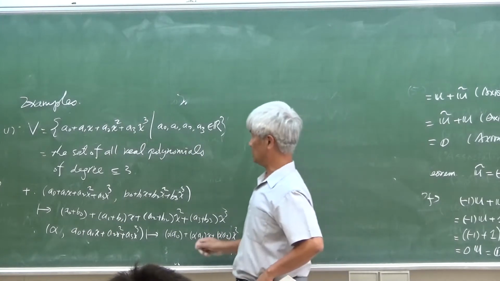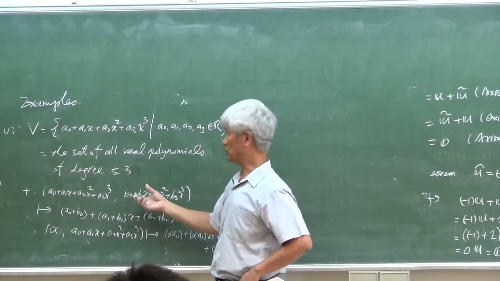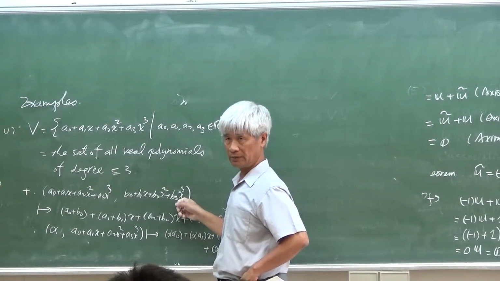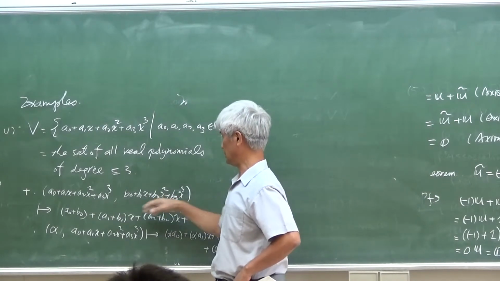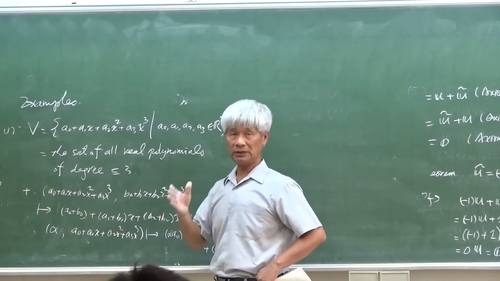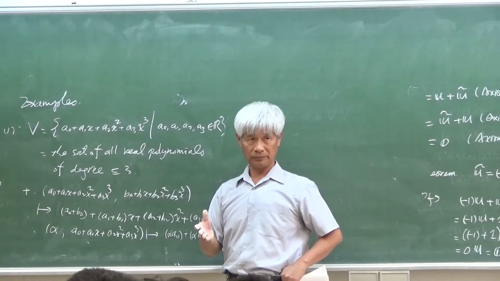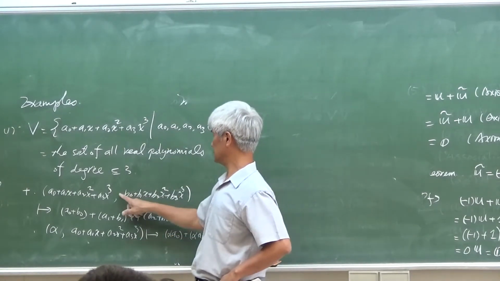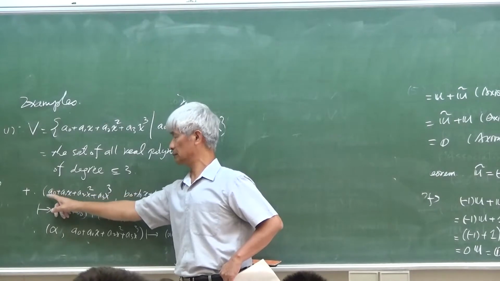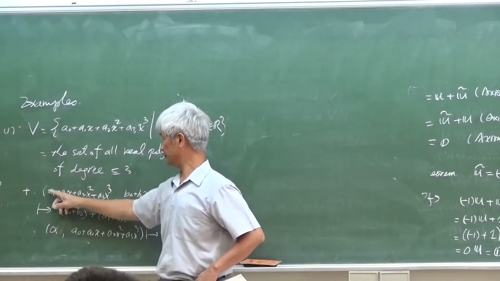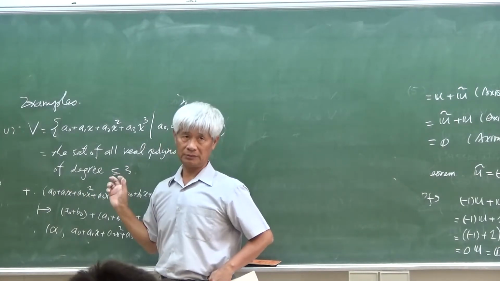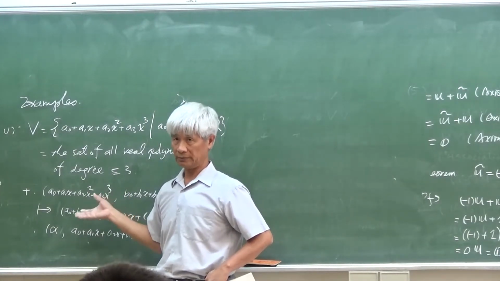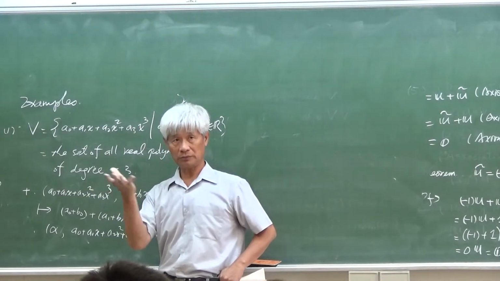How about the zero vector? Well, that's the zero polynomial: 0 plus 0x plus 0x squared plus 0x cubed. So the zero polynomial gives you the zero element. No problem. How about the additive inverse? Well, you just take the negative of every coefficient, so you get the inverse for each polynomial.